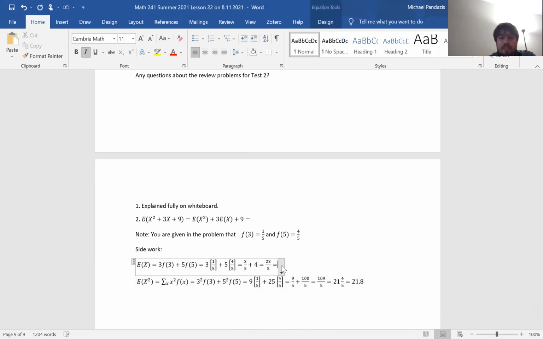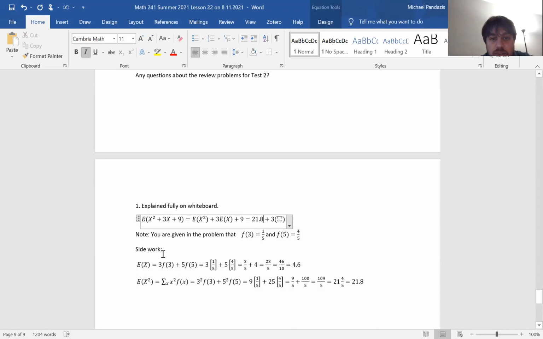And this 23 over 5 is the same as 46 over 10, which is 4.6. So as a decimal, it's 4.6. Okay, and so now, I don't really like decimals, but I'm just using them now for some reason. Wait, E of X squared is 21.8.